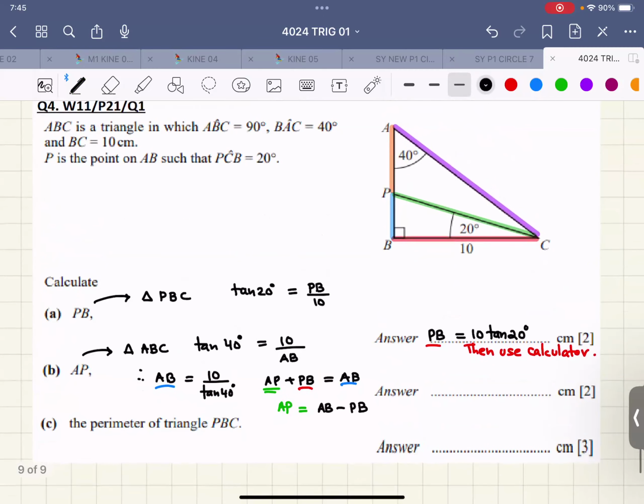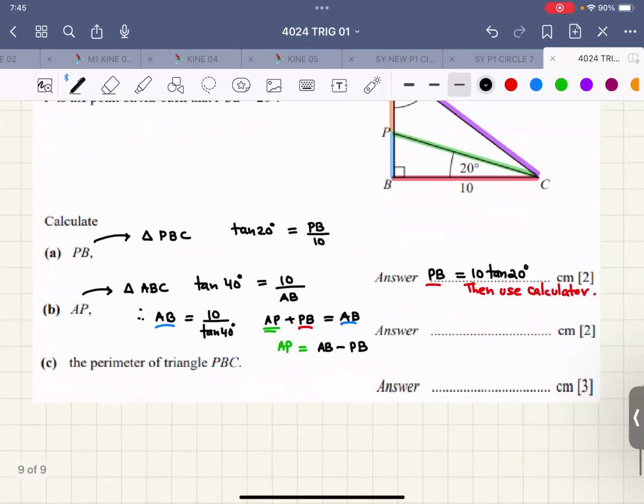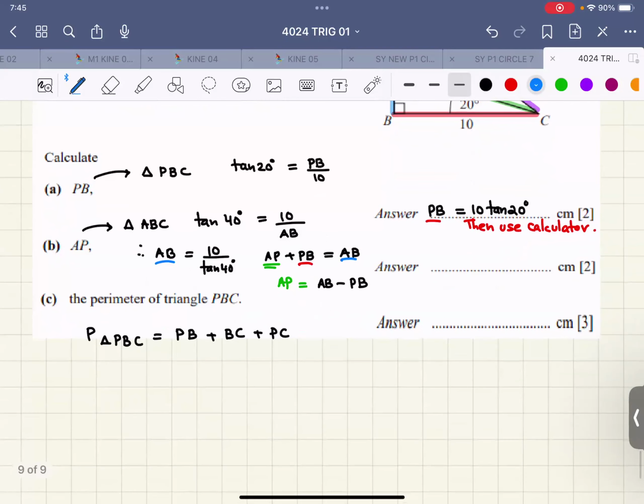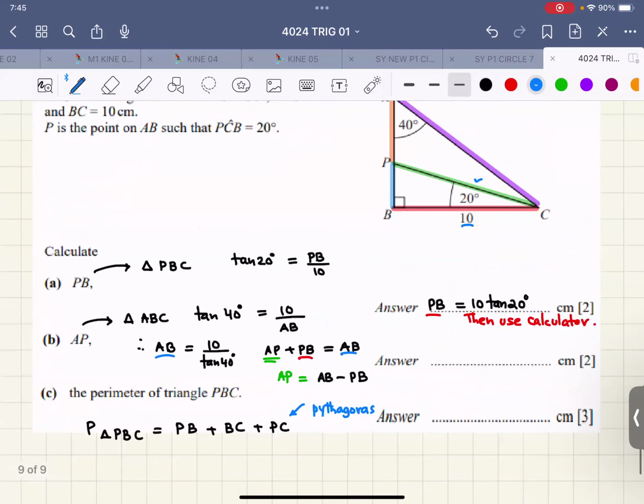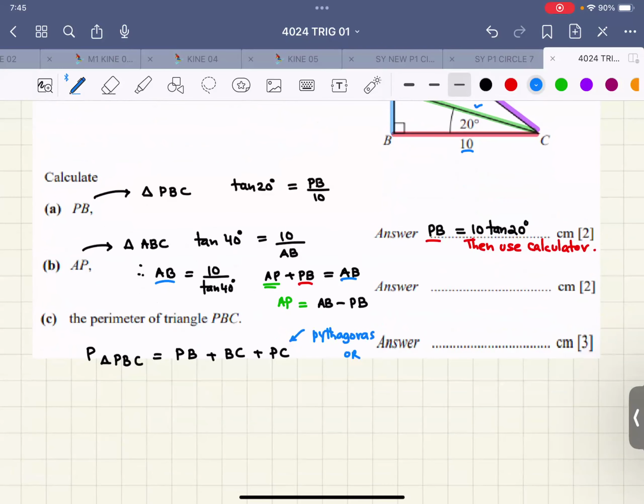Perimeter of triangle PBC. For the perimeter of triangle PBC, what do I need? I need PB, which is found. I need BC, which is given. I need PC, which can further be found. This can be found either using Pythagoras, that's one approach, or maybe I can use cosine. Pythagoras or cosine, that is better.